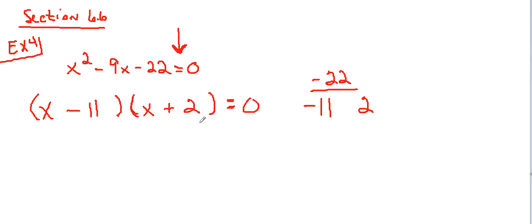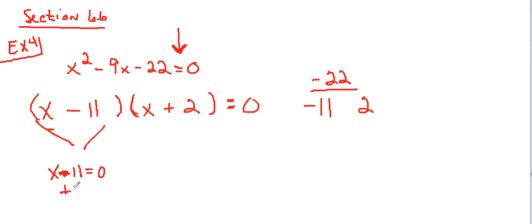Alright, so now the critical part is I've got to find what are called the critical numbers. What will make this statement true? So I'm going to take each of these x's in parentheses and set it equal to 0. For example, this first one is x minus 11. X minus 11 equals 0, and I have to solve for x.